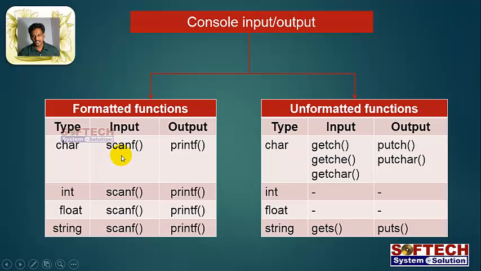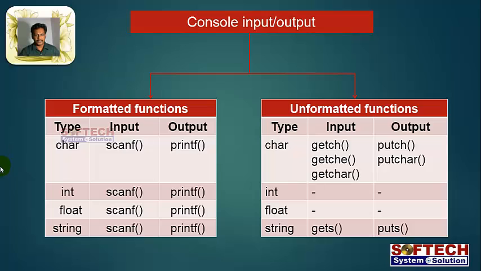In the stdio.h header file, there are scanf, printf, getchar and others. So all standard input output functions are collectively known as stdio.h. So in formatted functions, for input scanf, output printf.